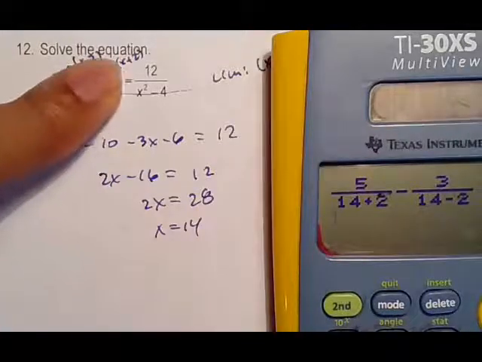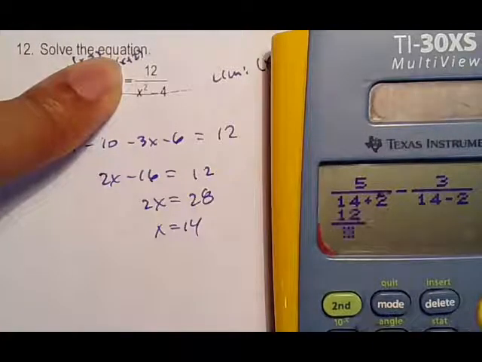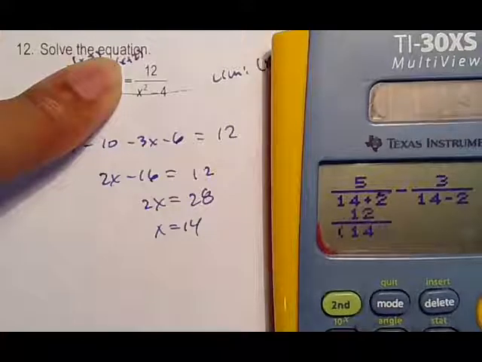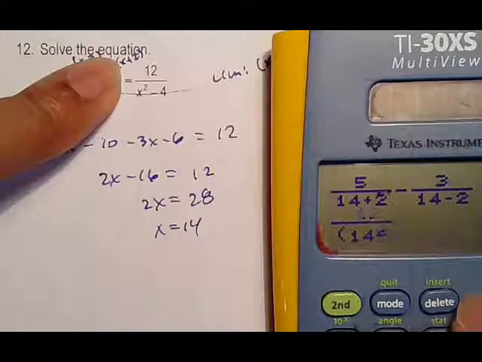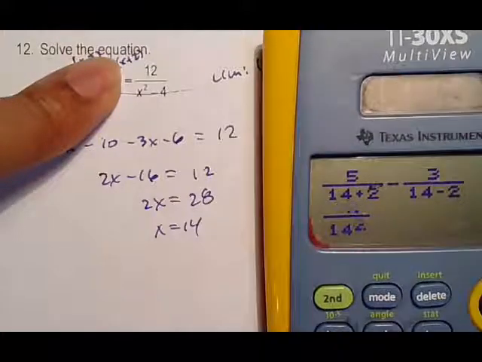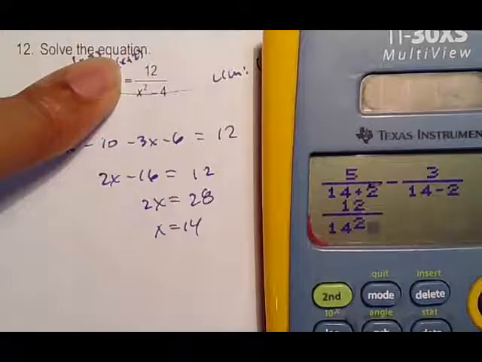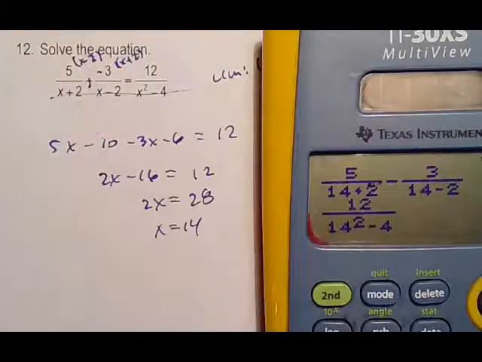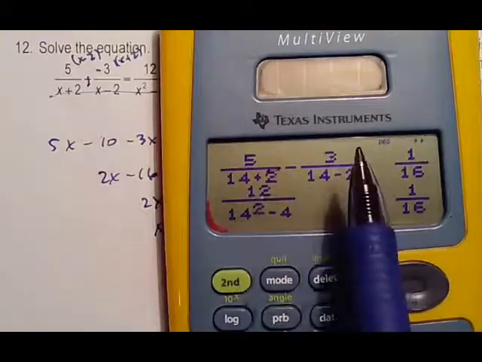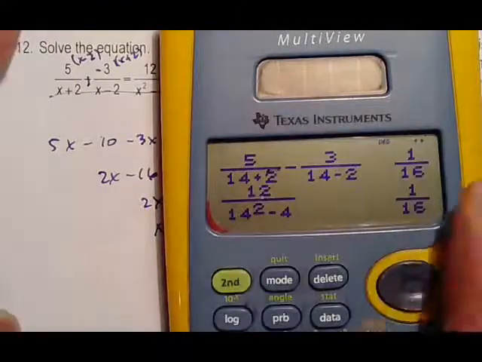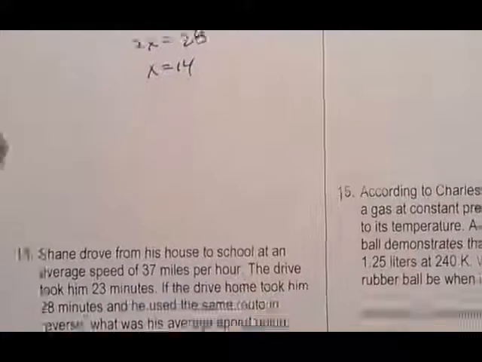And then what we're going to do is type 12 over 14 squared. I don't need parentheses because this is a good calculator. Minus 4. Cross your fingers. Sorry, both of those are 1/16. So here's what I plugged in from the left. Here's what I plugged in from the right. They both equal, which means that we know we did it right.